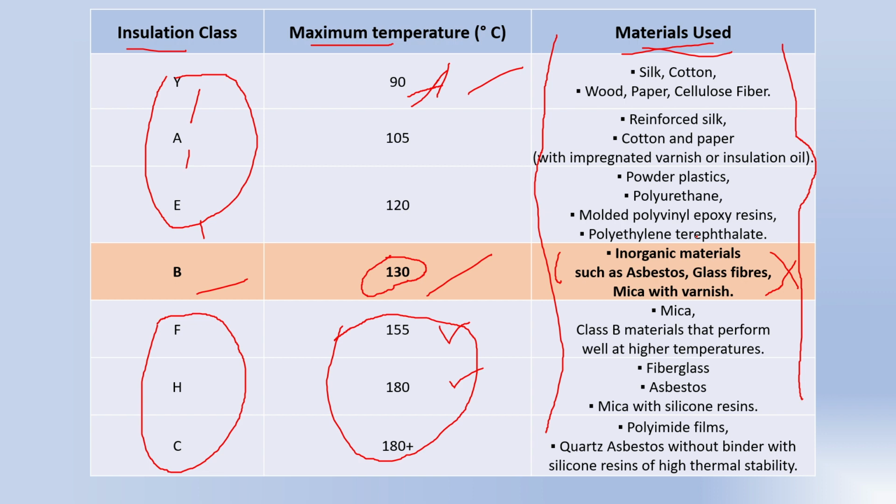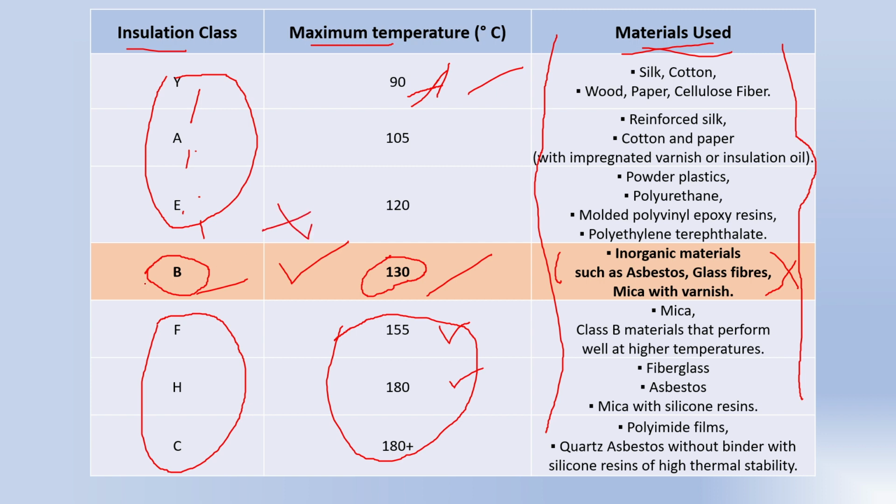As I showed in the chart, insulation class B is 130 degrees Celsius. I highlighted it because in the UAE, as per our regulation, the minimum equipment selection starts from insulation class B. If you are selecting equipment, a motor or whatever it is, with a lower type of insulation, it should be rejected.